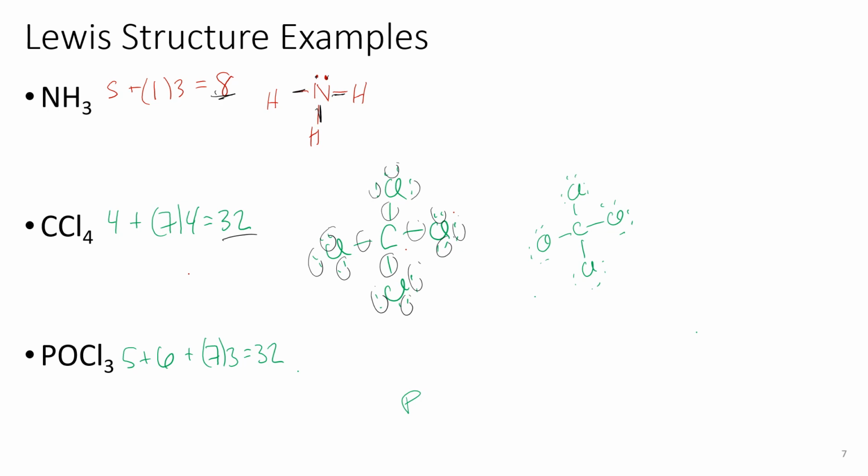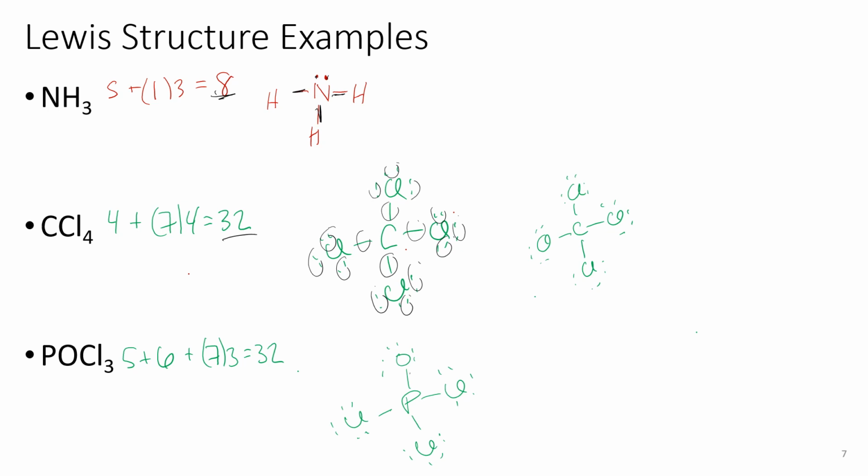From here, following my rules, we're going to connect everything with a single bond. And then I'm going to give everything an octet around it. And then I'm going to do my electron count.